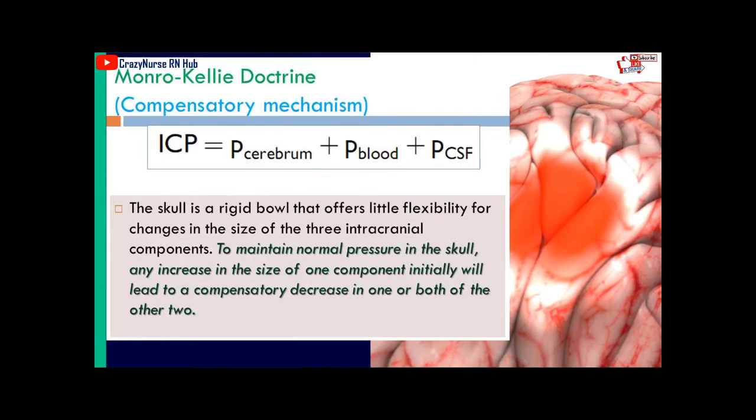The modified Monro-Kellie doctrine states that the three components must remain at a relatively constant volume within the closed skull structure. If the volume of any of the three components increases within the cranial vault and the volume from another component is displaced, the total intracranial volume will not change. This hypothesis is only applicable in situations in which the skull is closed. The hypothesis is not valid in neonates and in adults with displaced skull fractures.